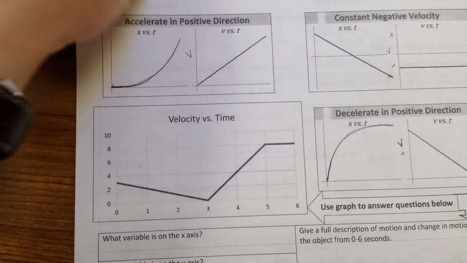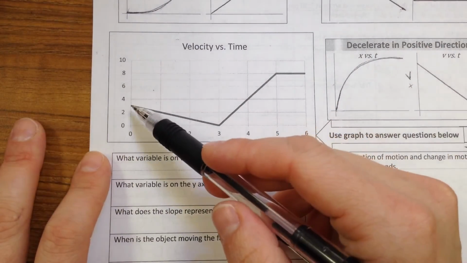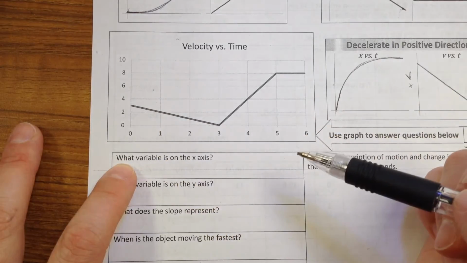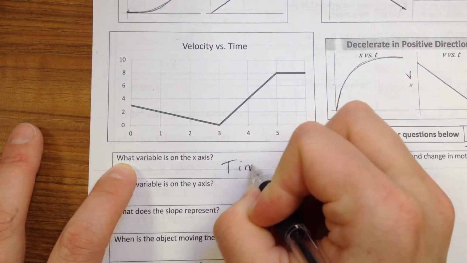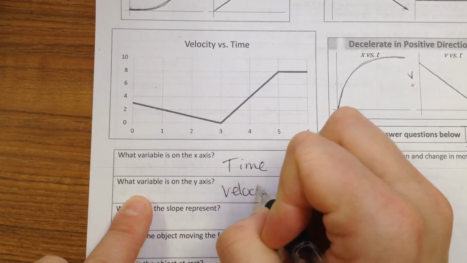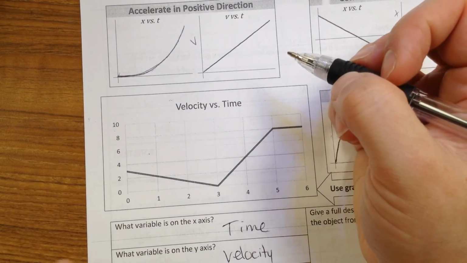This section is analyzing a velocity versus time graph. Watching this graph and seeing what's going on, it asks first, what variable is on the x-axis? If it's a velocity versus time graph, time is always on the x-axis. The variable on the y-axis is therefore velocity. In a velocity versus time graph, what does the slope represent?